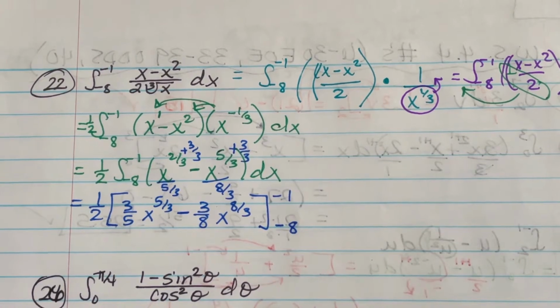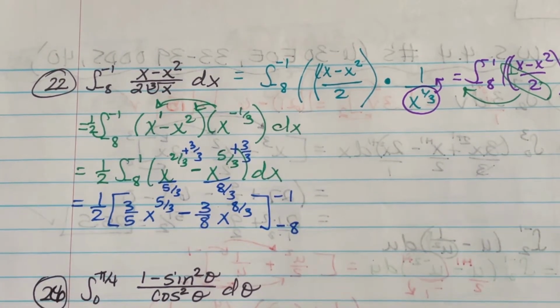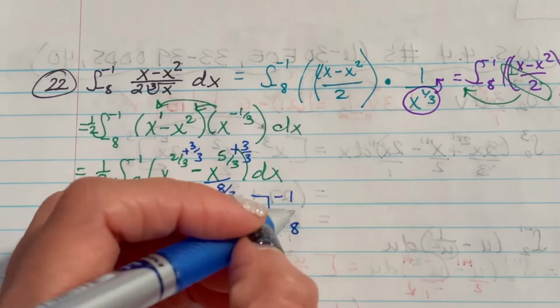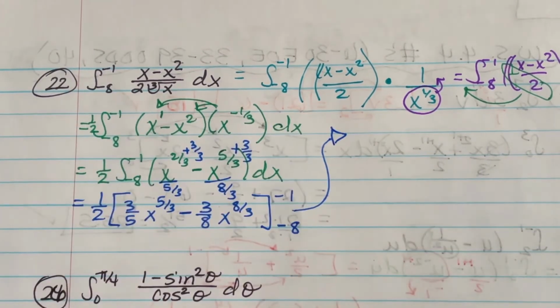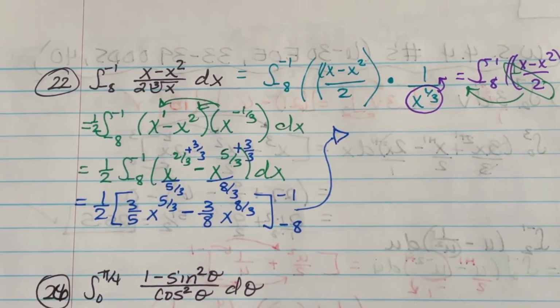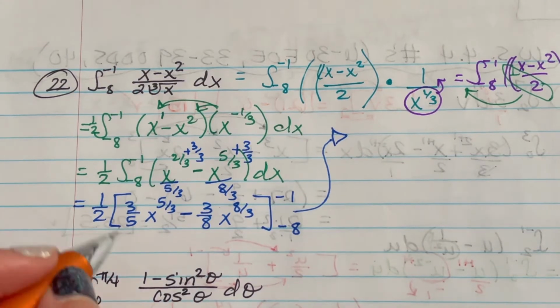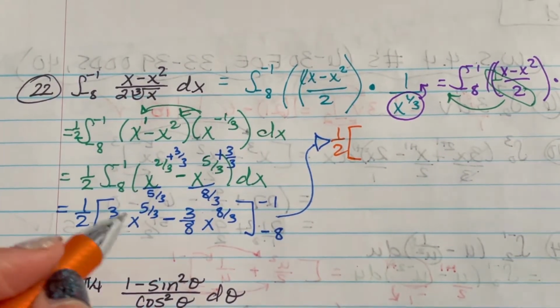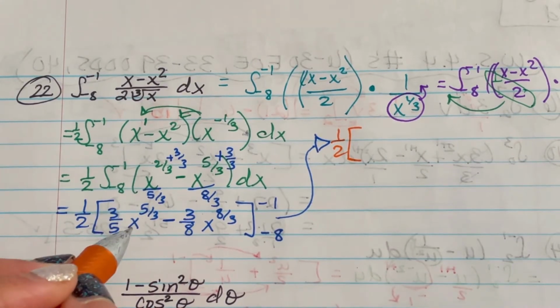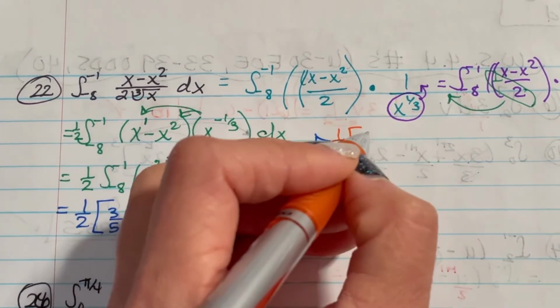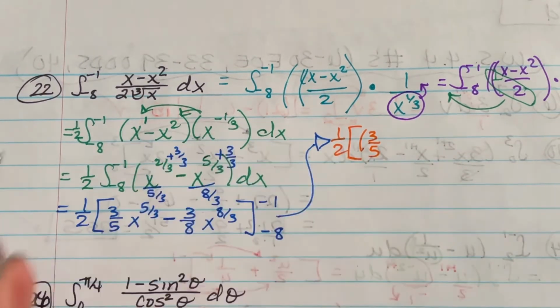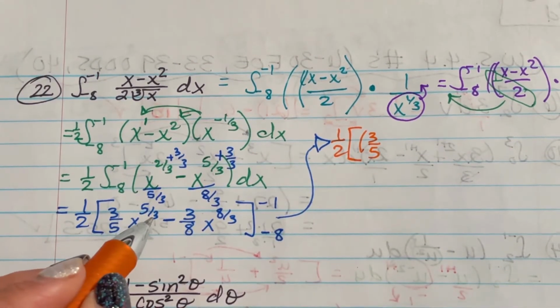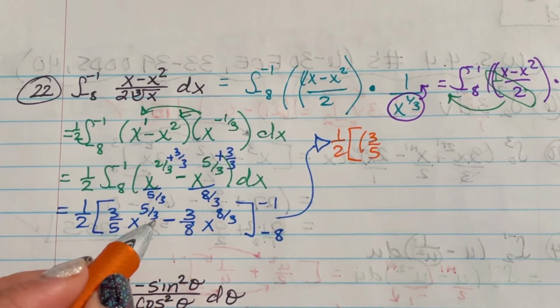Okay, yeah, this one is a doozy, that's for sure. I'm gonna bring the work up here. I'm going to change colors every time I do a step on this one. Okay, so there's a 1/2 out front. Let's not forget that that's there. All right, when I plug in a -1 for x, this is 3/5 times, remember what 5/3 represents. The 3 means it's a cubed root of x to the 5th.